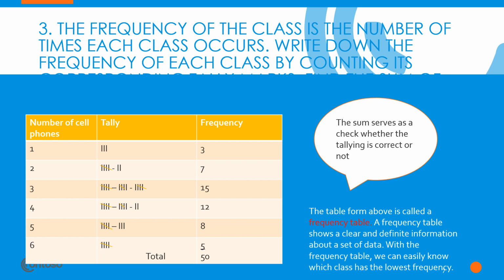The table form is called the frequency table. A frequency table shows clear and definite information about a set of data. With a frequency table, we can easily know which class has the lowest frequency.